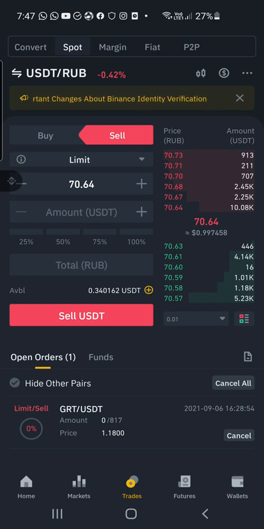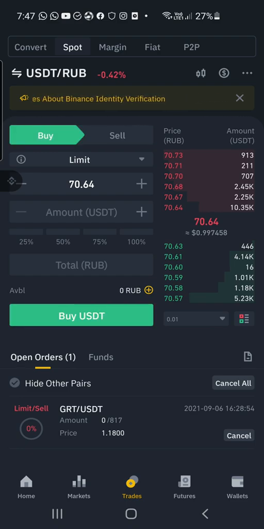Since you are going to have rubles, or the currency that you bought, you come to buy, you select the price you want to buy for, which is right now, since it's a stable coin, 70.64. It's the market price and it doesn't change. As you can see, it's been the same price since we started.